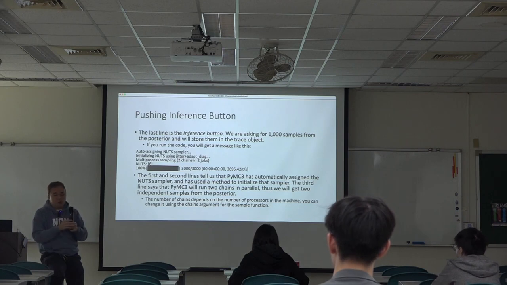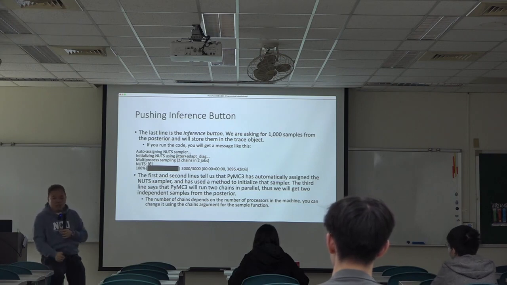So for each chain, it generates 500 for parameter tuning purposes and discards them, and then the next 1,000 are for the real analysis. For each chain we have that, so two of them make a total of 3,000 samples.